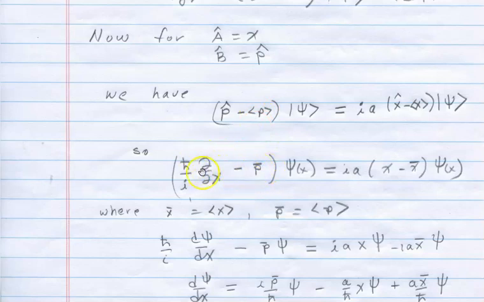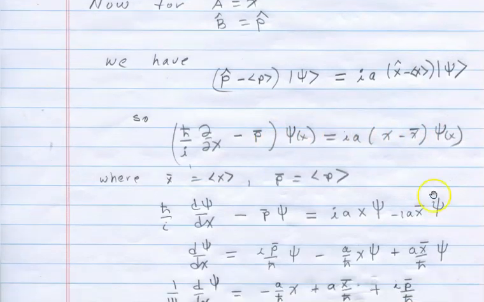And so this is the operator operating on psi of x. And over here, i a, the operator is just x. And again, I'll use x bar for the average value of x, the same thing as the expectation value, just to emphasize these two are numbers. x bar and x are numbers. The notation just reduces a little bit of writing.